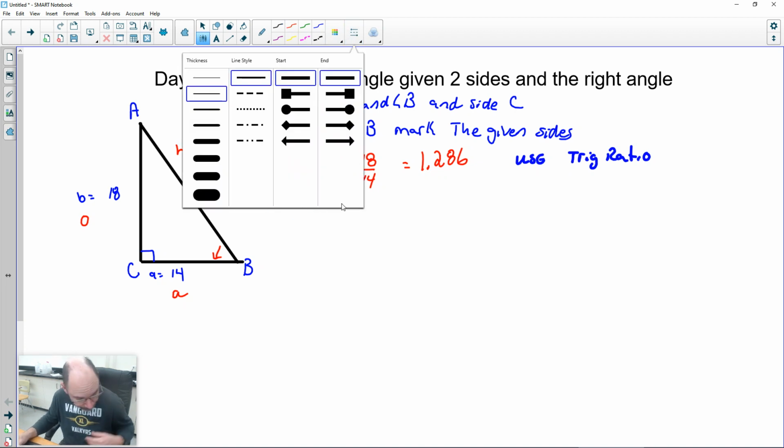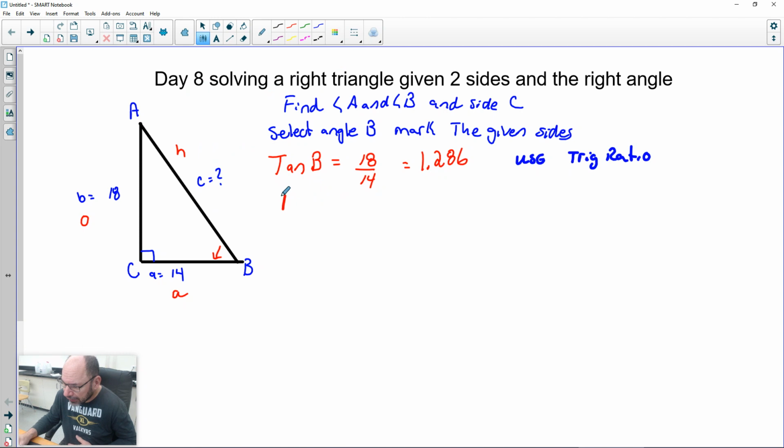So we're going to go tan inverse of this number. Okay, and we'll go to the nearest degree equals angle B. So on your calculator, make sure it's in degrees, go shift tan or second function tan on your calculator. And once you do that, you get 52 degrees.